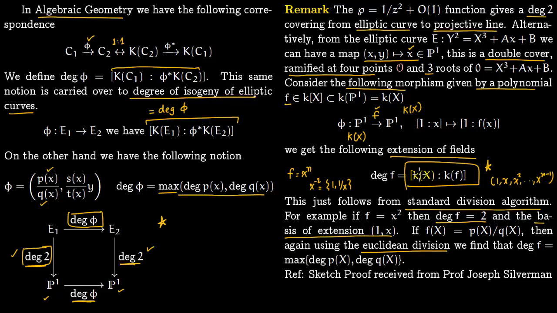So you either have to divide by the numerator or the denominator. If it is a rational function, say h1 over h2, then you have to divide it by f over g, or in this case p over q. Again, the maximum degree would matter, and that is what will form the basis. So the degree of f would be the maximum of the degree of p(x) or the degree of q(x), because of the division algorithm.